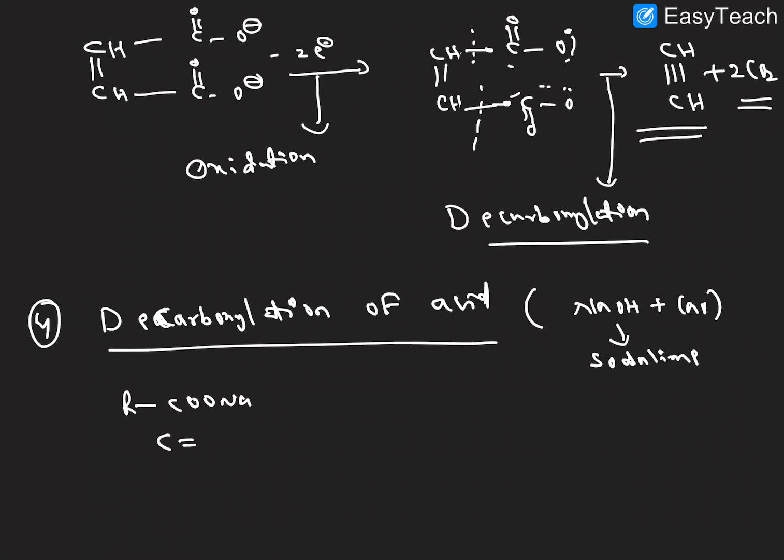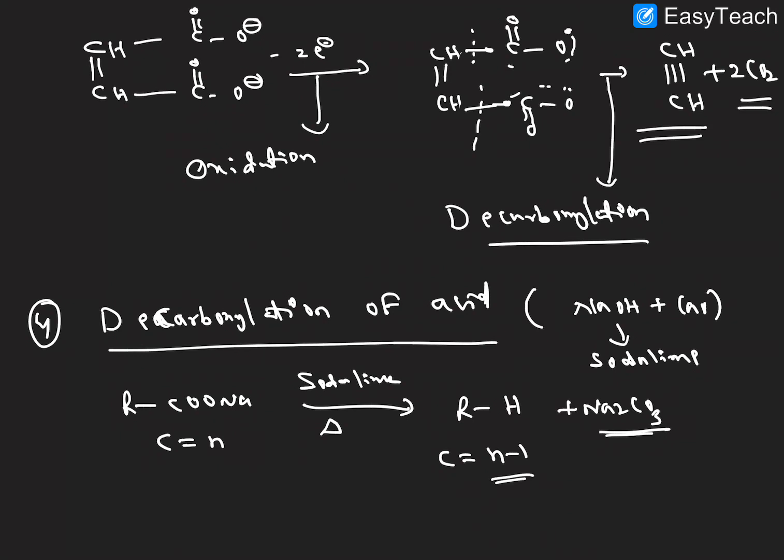So RCOONa, where the number of carbons is n, and using soda lime and heating, what we get here is RH plus Na2CO3, sodium carbonate. So here one carbon is lost, the carbon number is n minus 1, right?